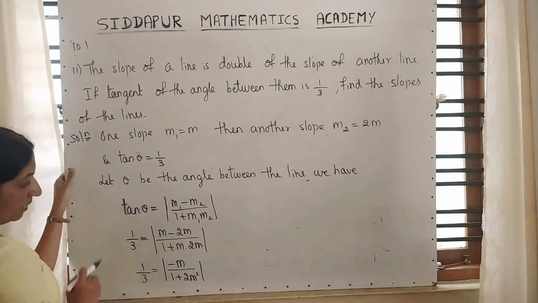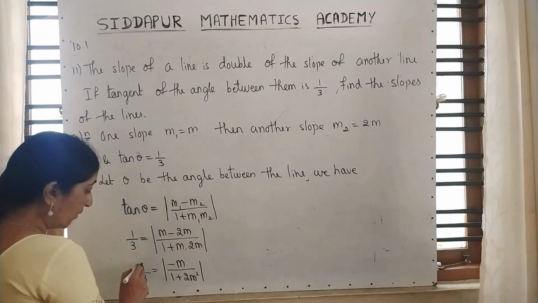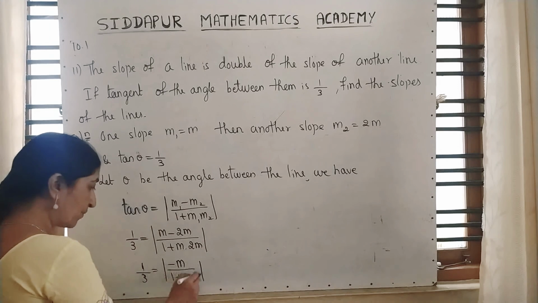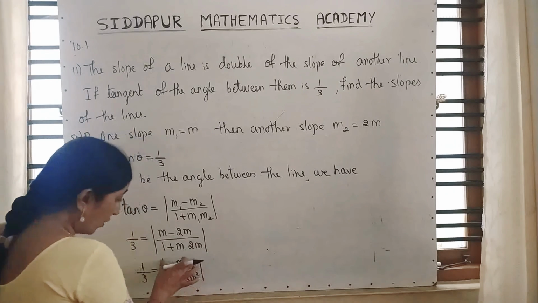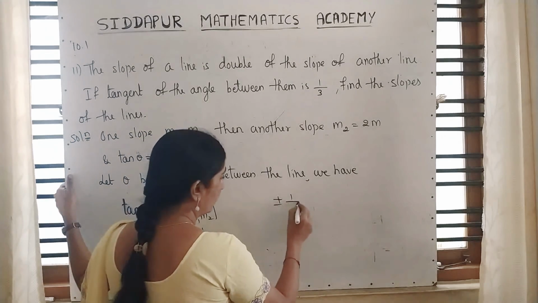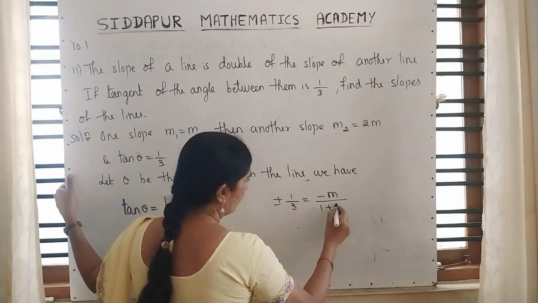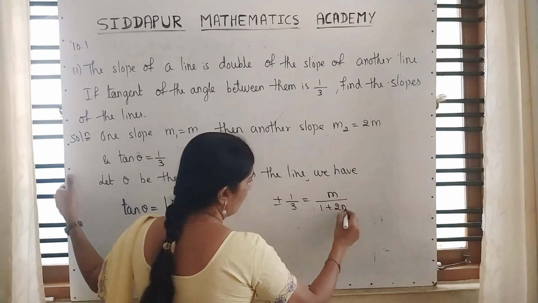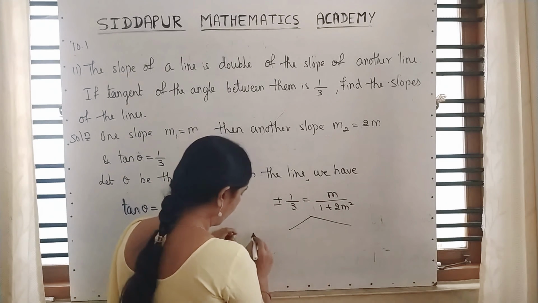So here minus m is there. On the other side we don't have a modulus, and the modulus helps you avoid the minus sign. When you remove the modulus, on the opposite side it becomes plus or minus. That means we have two answers.